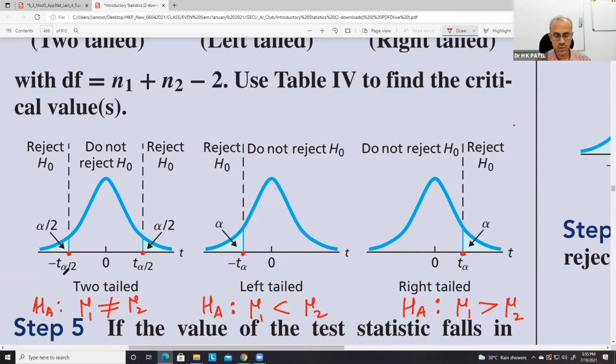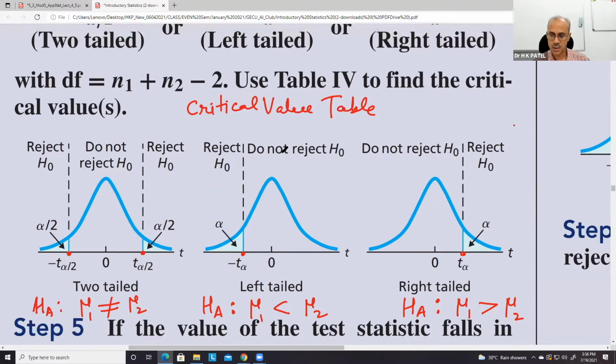So these values, either T alpha by 2 or T alpha, we can find from the critical value table, for respective distribution.